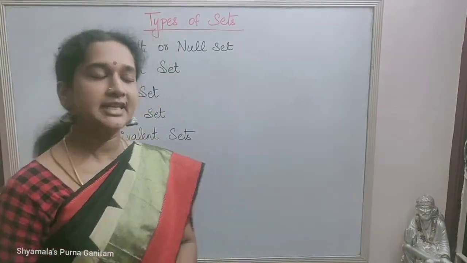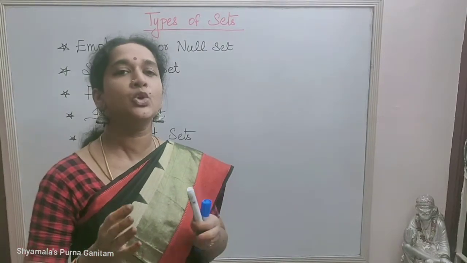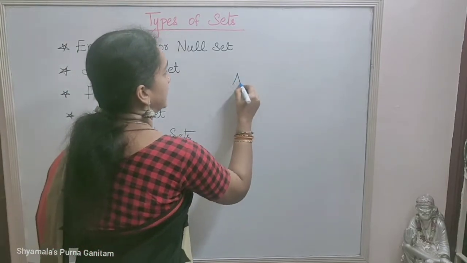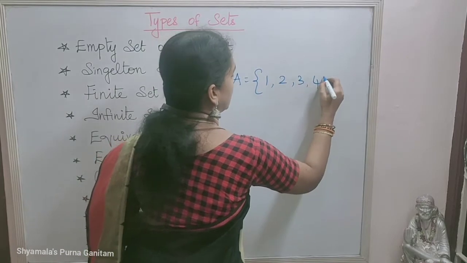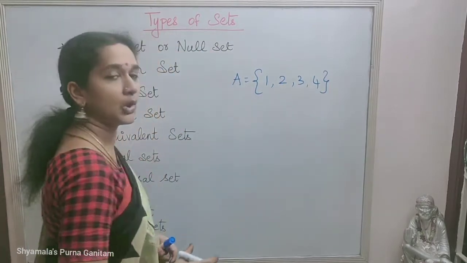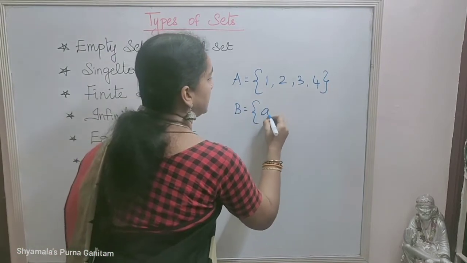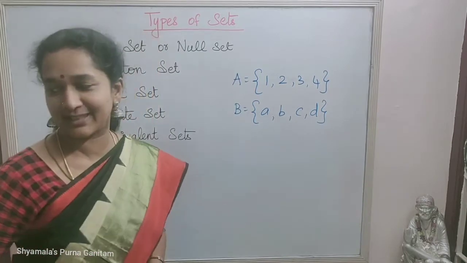Next one is equivalent sets. Equivalent sets means when you take any two finite sets, for example A is 1, 2, 3, 4. How many elements do you have in this? You have 4 elements. Then if you take set B as a, b, c, d, these are the 4 elements in the set.